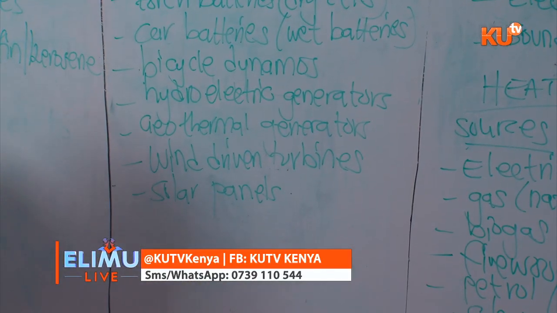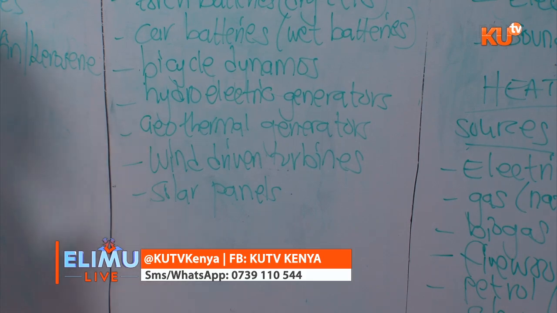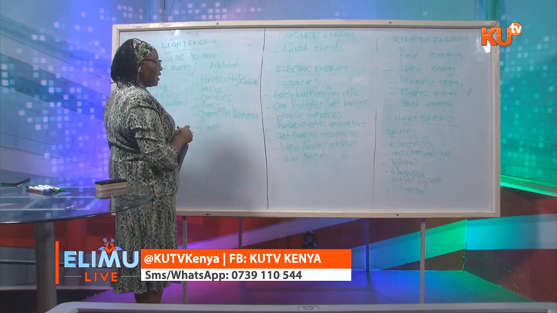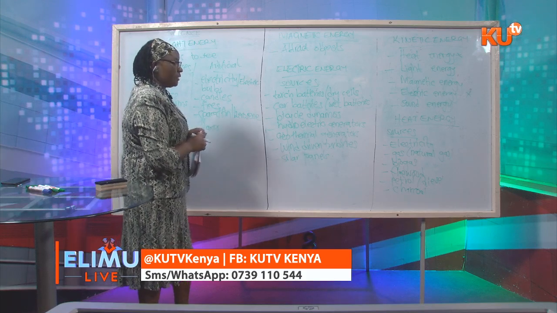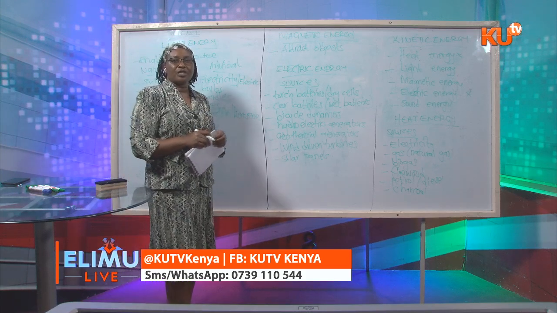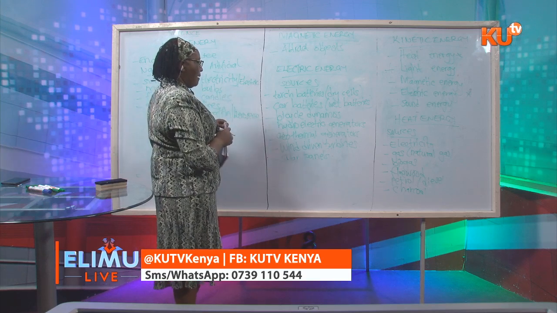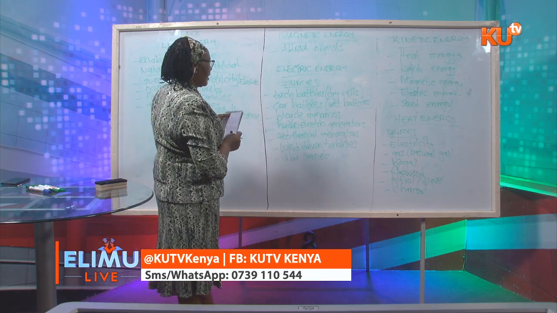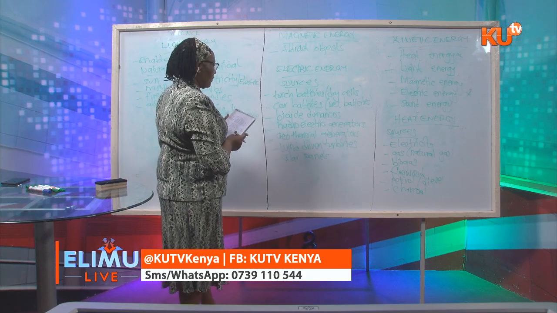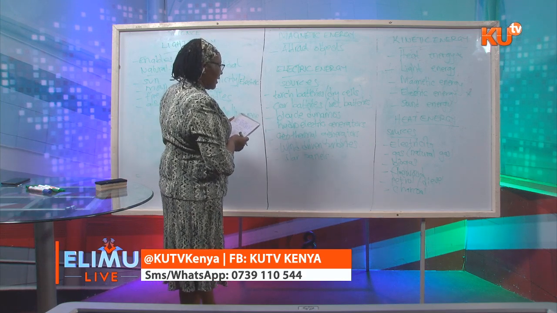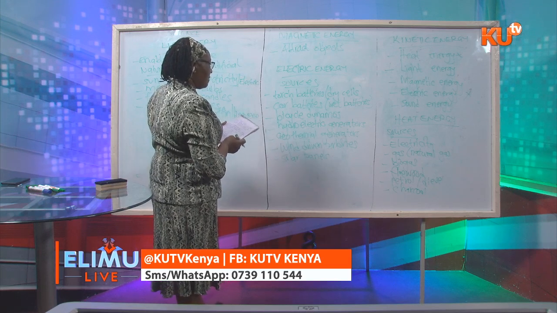So as we have said, the torch batteries have got a chemical in them. So at rest, it contains potential energy, but when you're now using the torch to light, the chemical energy is turned into kinetic energy, which is light energy. Then we have the car battery.